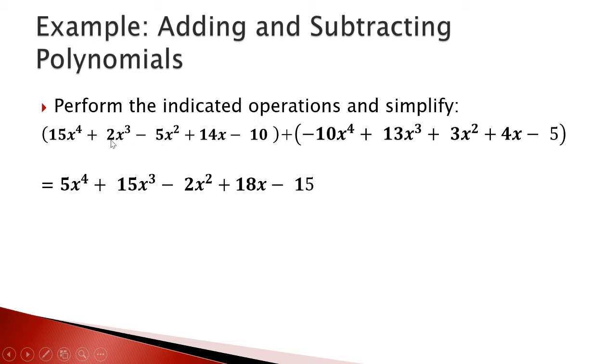So when we simplify 2 times x to the power 3 and positive 13 times x cubed, it gives 15x cubed. So likewise, we have to simplify like terms together. So it will give 5 times x to the power 4 plus 15x cubed minus 2x squared plus 18x minus 15.